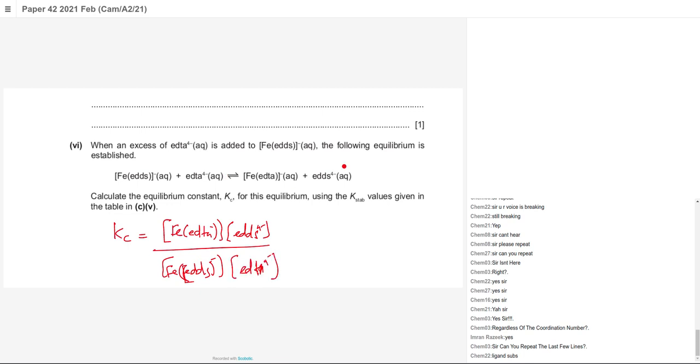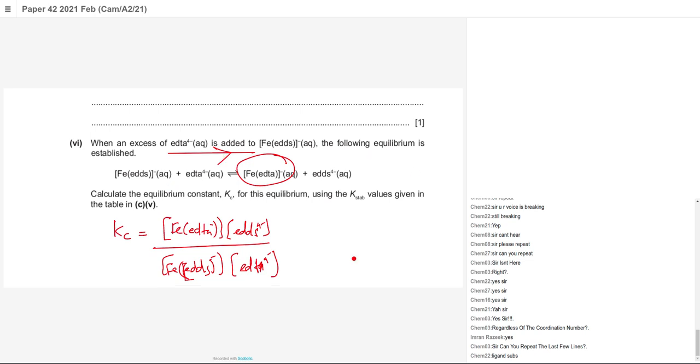This is the Kc expression, right? Here the EDTA complex is more stable, so the reaction favors the forward direction, which means your Kc should be a large positive value, not a decimal.